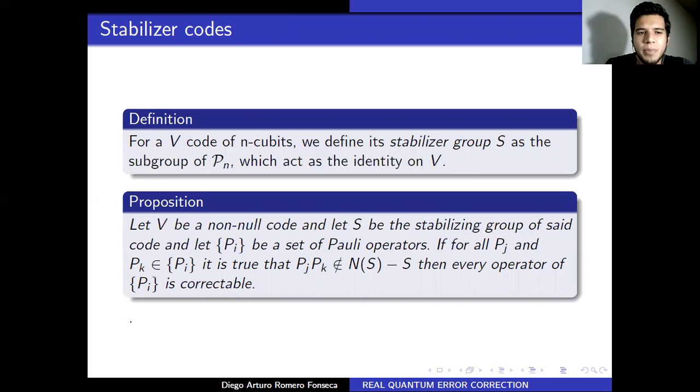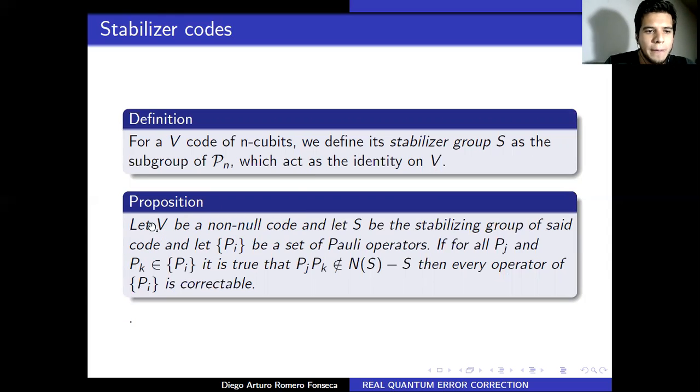To make it easy, we are going to take a subspace V of the space of n qubits, and we are going to define the stabilizer. It's going to be the subgroup of Pn which acts like the identity on V. Okay, so maybe a weaker version, but in many ways better, of the previous theorem will be the following.